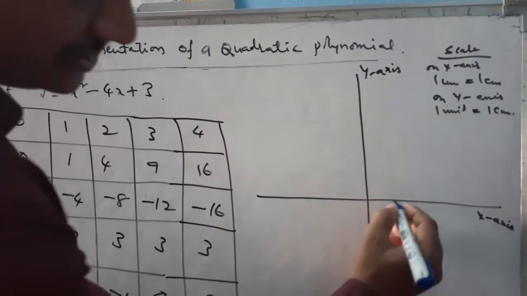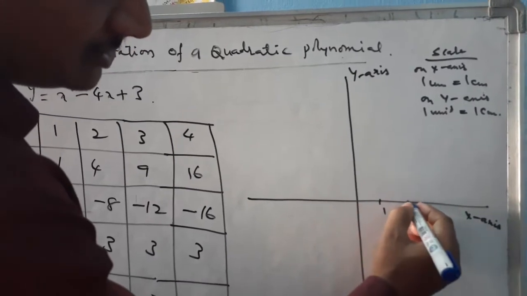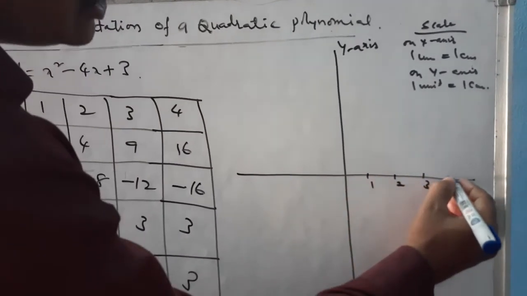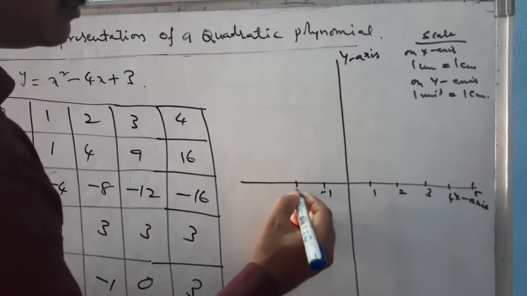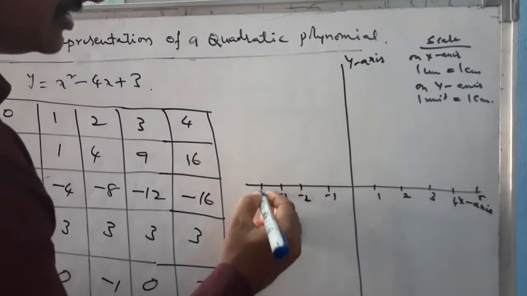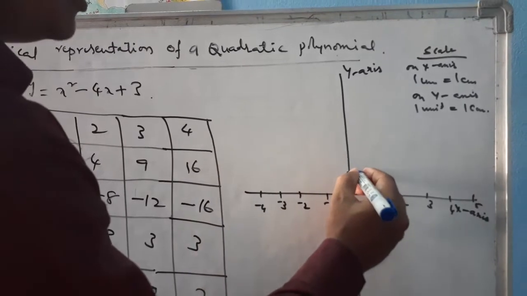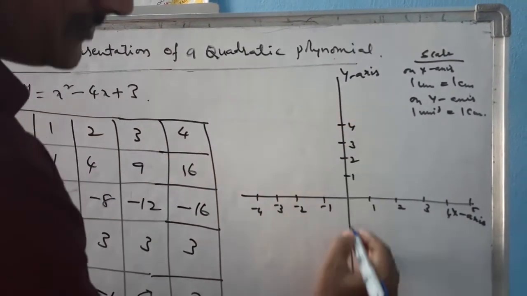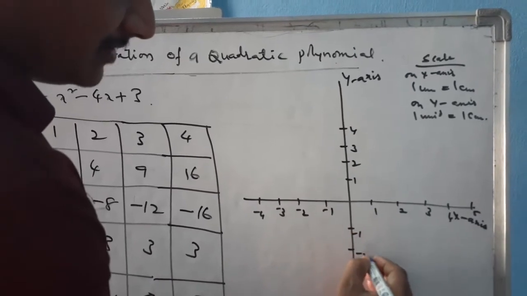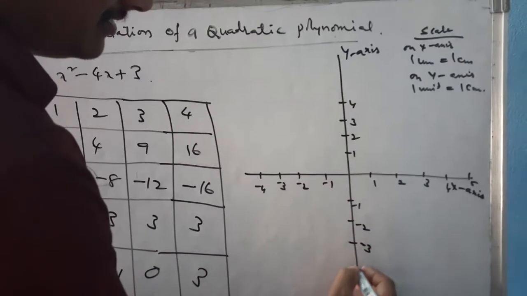Here 1, 2, 3, 4, 5, and here minus 1, minus 2, minus 3, minus 4. Here also 1, 2, 3, 4, and minus 1, minus 2, minus 3, minus 4.